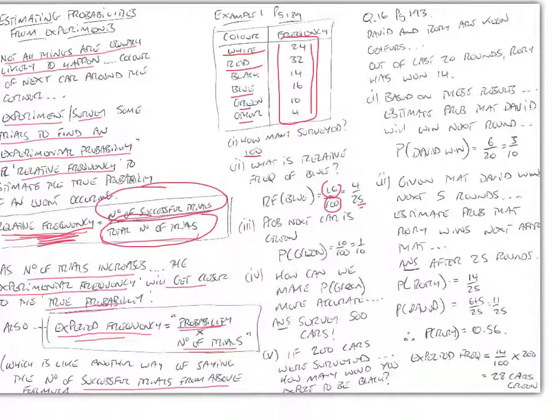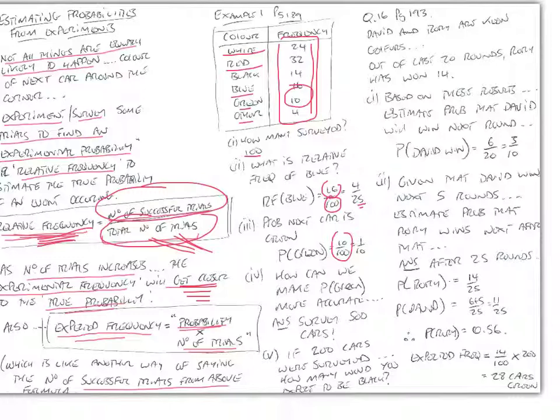And what would be the probability that the next car coming around the corner is green? Well, we simply need to find the probability of a green car from the table, and that is 10 divided by 100, 1 in 10. And how can we make the probability of the green more accurate? Well, if we were to just increase the number of trials, then the experimental probability would get closer and closer to the true probability.